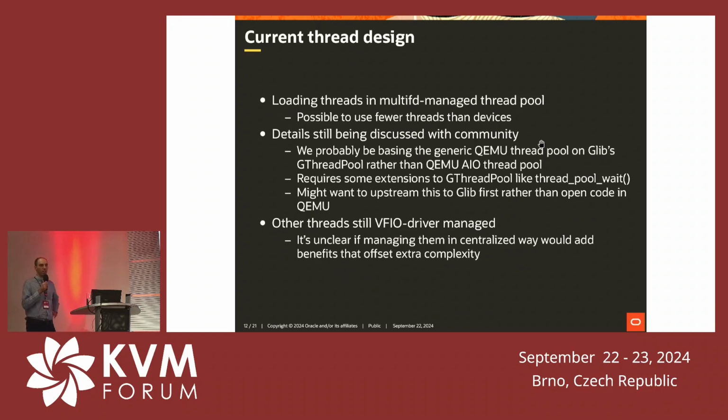So there are quite a few threads in this design. In the current posted version, those loading threads are in the multifd managed thread pool. It's technically possible to use fewer threads than devices, although this will almost certainly negatively affect performance, so it's not a good idea.